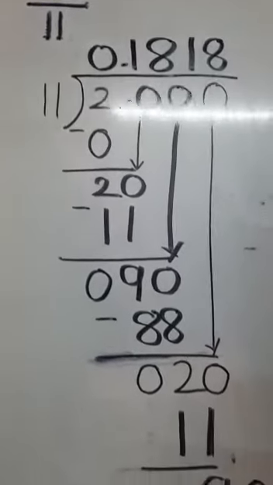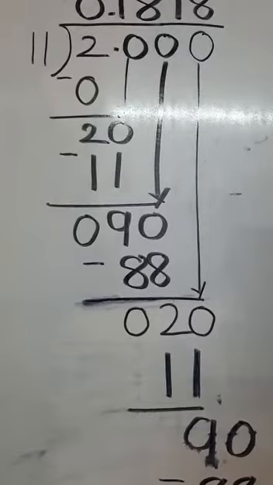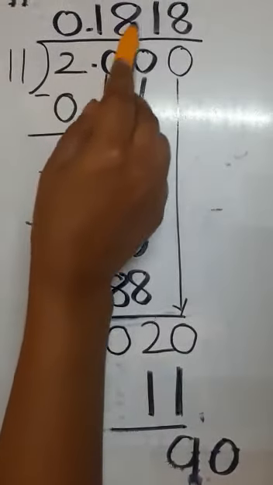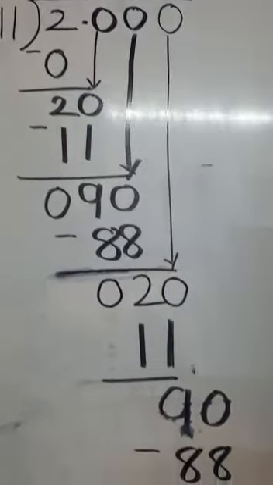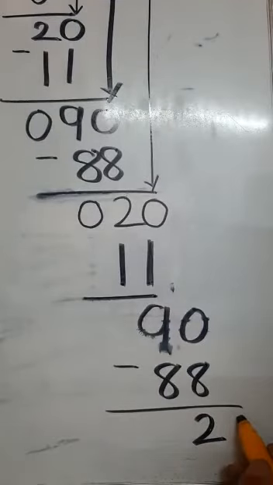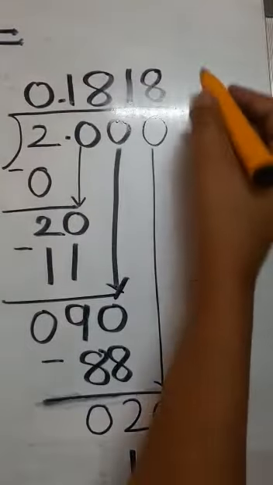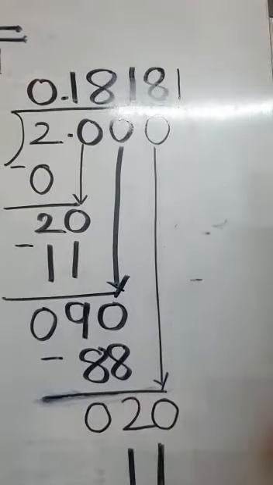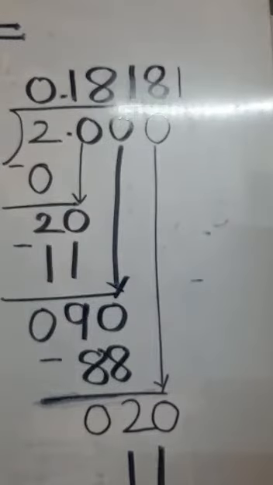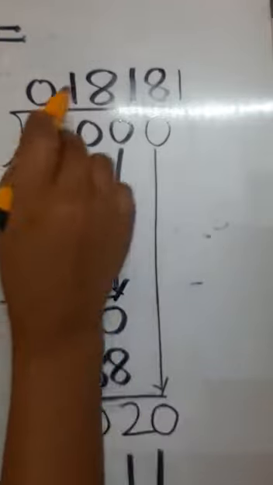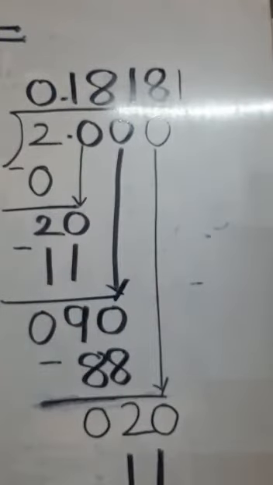If you see, these numbers are recurring as I'm getting this 1818 and again the same. Here we got the remainder as 20, so again it is repeating. So here I will take 11 ones are 11. So in this way this 18 is repeating again and again.